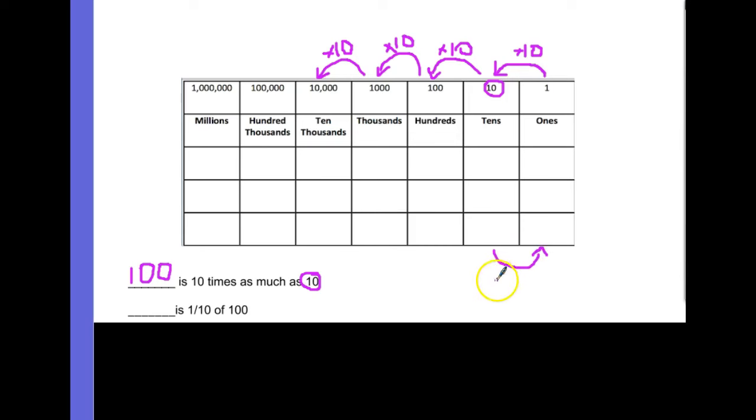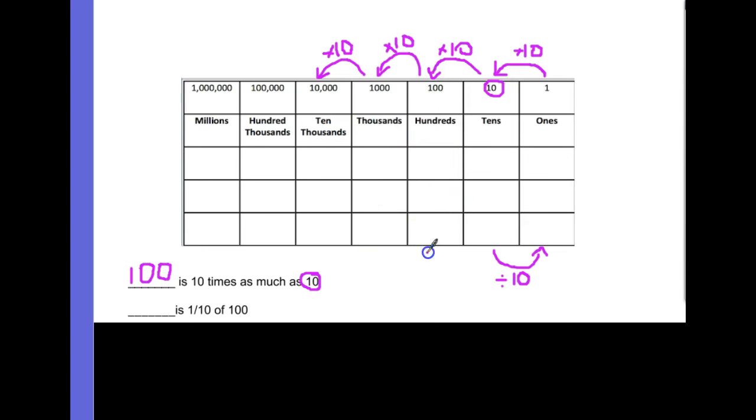Well, if I divide 10 by 10, or if I'm finding 1/10 of 10, it's going to get me 1, because any number divided by itself, so 10 divided by 10, is going to be 1. Now, what if I want to get from 100 and I want to find what 1/10 of 100 is? Well, I would look at my 100 and I'd ask, okay, here's my 100 right here.